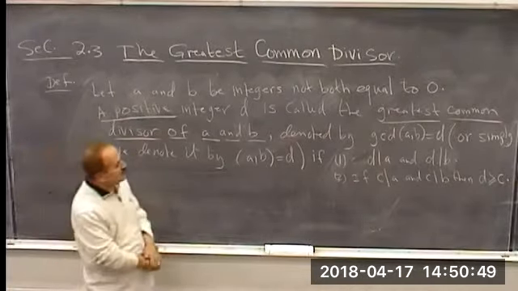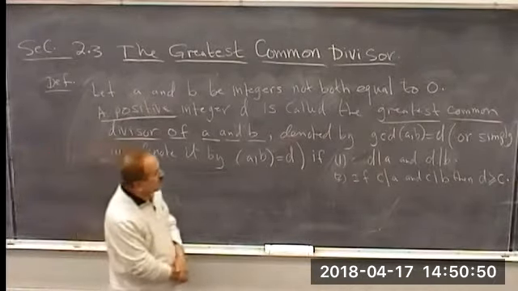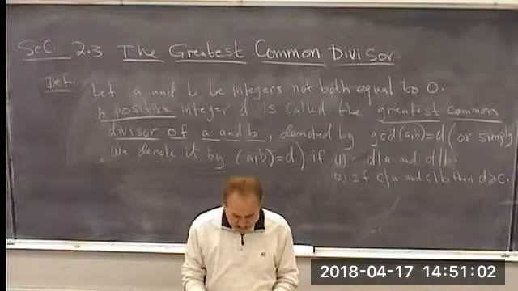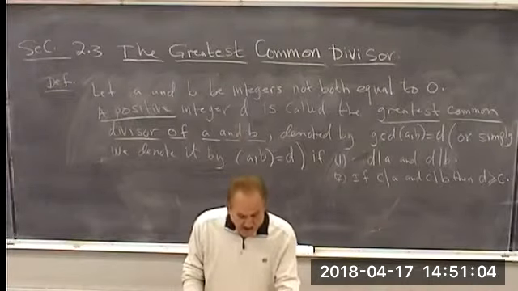We're going to actually prove that D can be described in a different way than this. So this, at least, reflects the meaning of the greatest common divisor. All right.